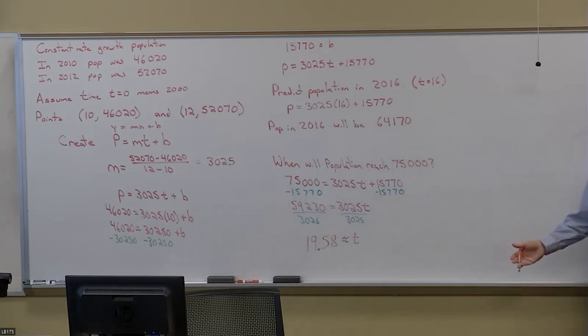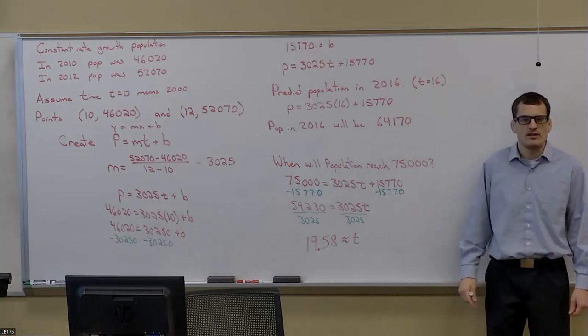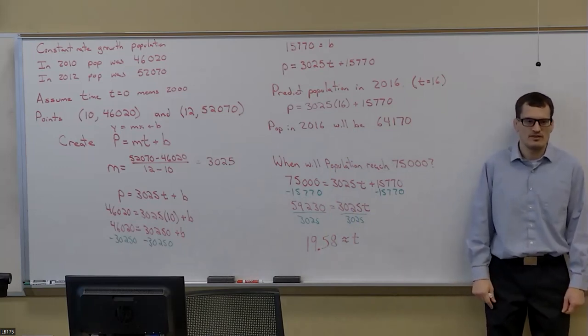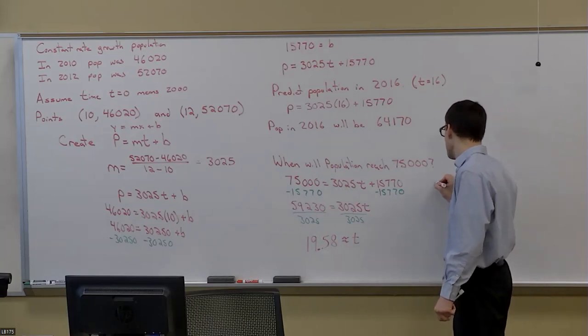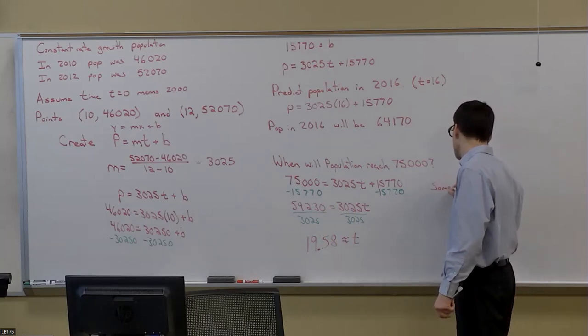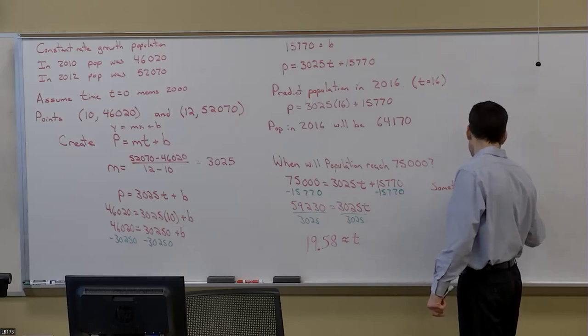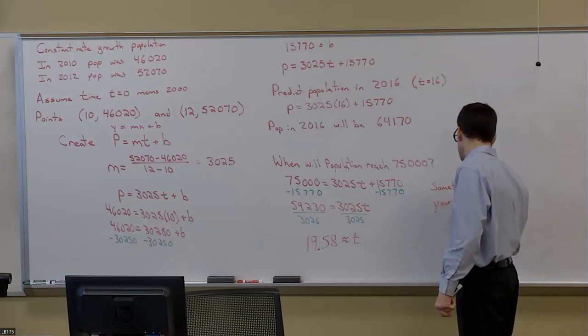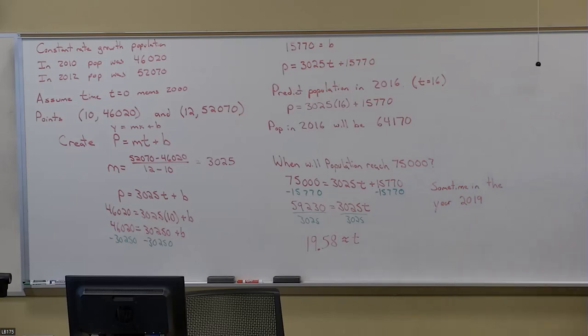What that means is that sometime in the year 2019, probably about 0.58 into the year, the population will hit 75,000. So sometime in the year 2019, basically, in the back half of that year.